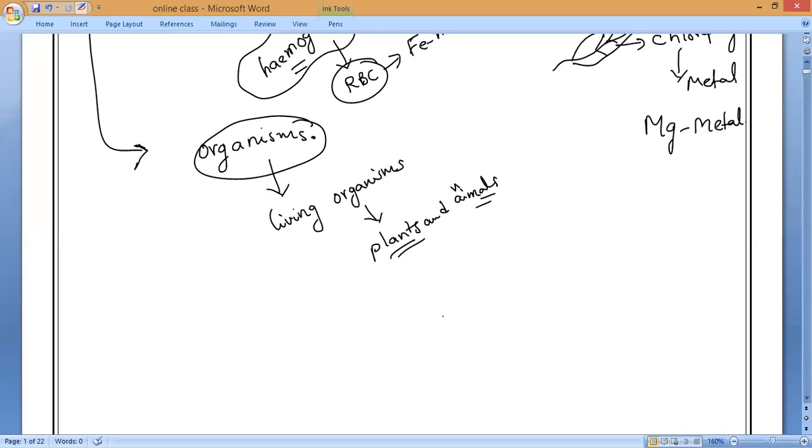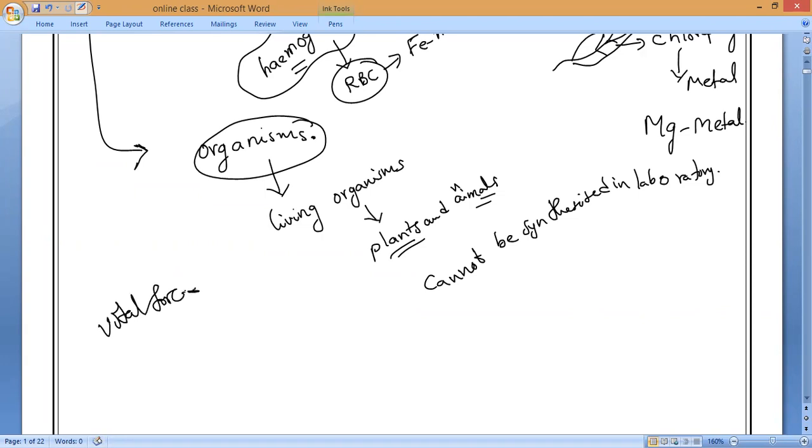You understand? And remember, in olden days they used to believe that they cannot be synthesized in the laboratory. That is the belief our ancient, very old people had, and this belief is called the vital force theory. What is the theory called?